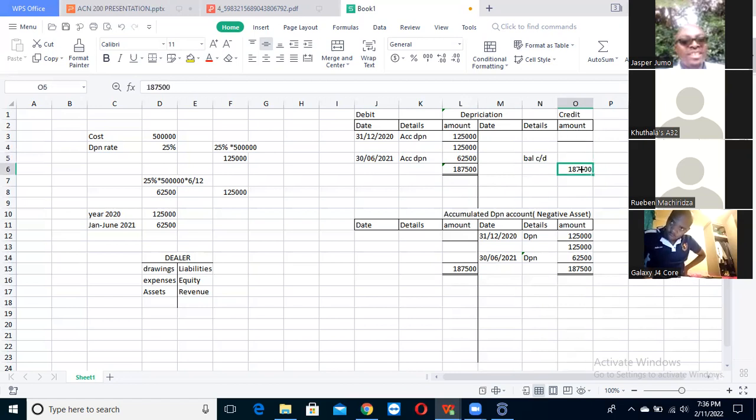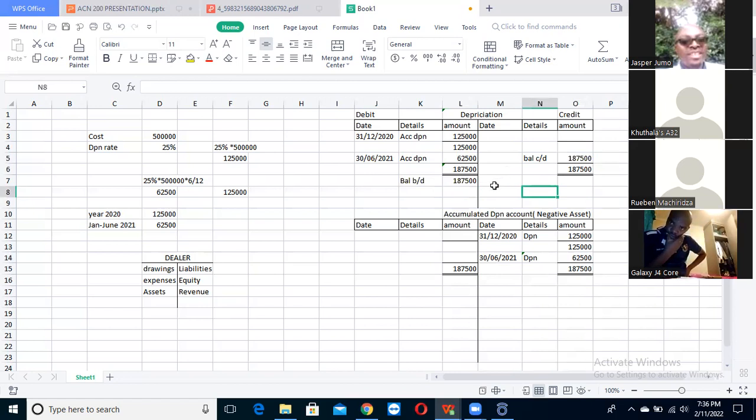So that which is in the total column goes to the balance carried down, which is 187,500. This amount is what we are going to enter the following period with, and we call it balance brought down of 187,500. So this is how you balance a ledger account.